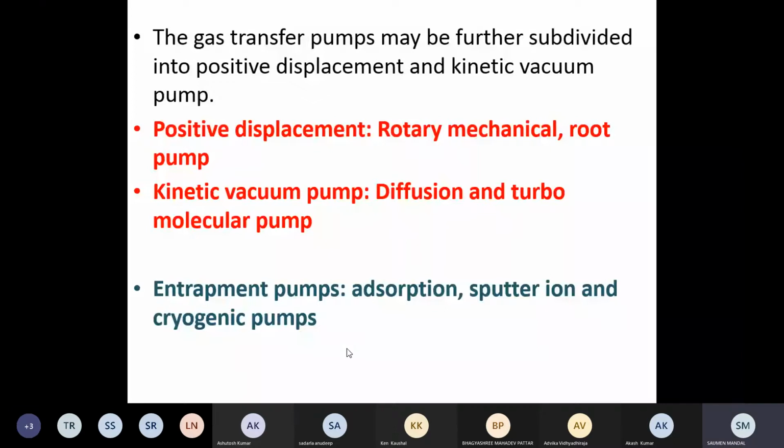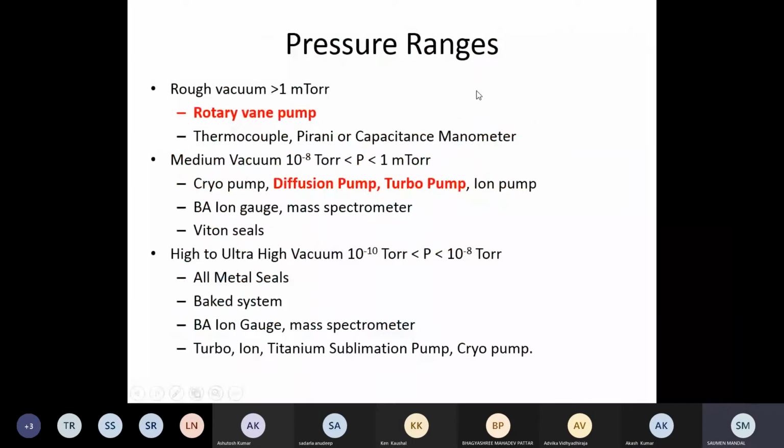Now the pressure range. Let's say rough vacuum, less than 1 millitorr. In that range it will work, up to this you can achieve it. Rotary vane pump is an example. In a vacuum system you should have two arrangements: one is the pump, second is the gauge.